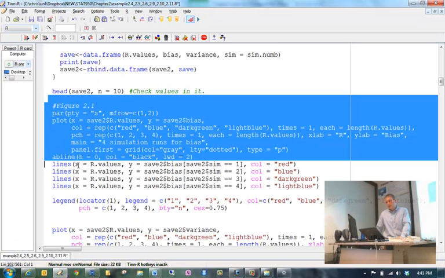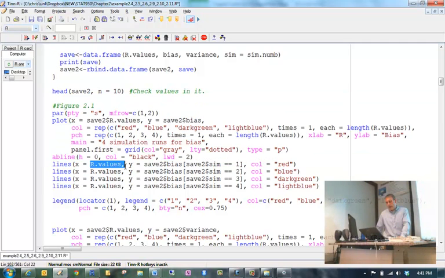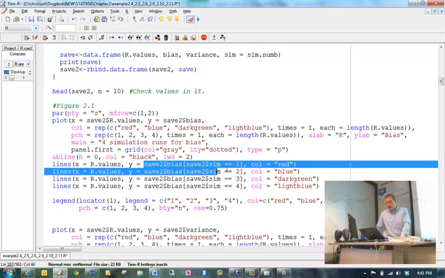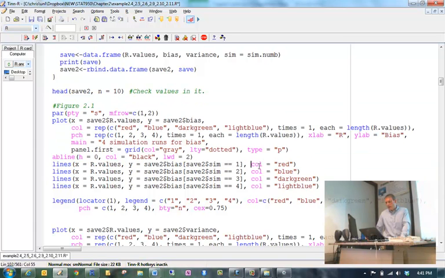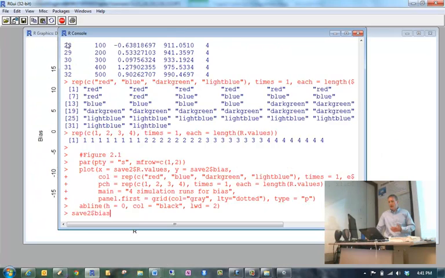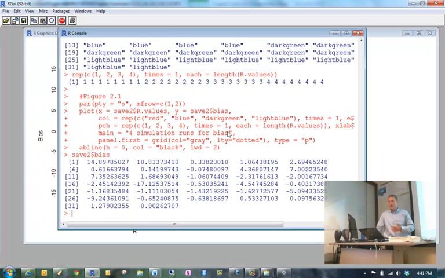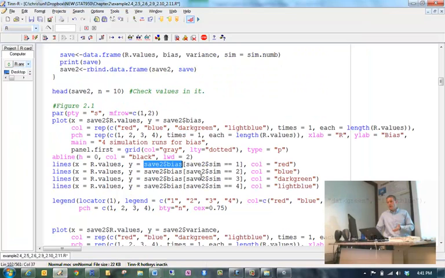Use the lines function. So I specify my x-axis values, my y-axis values, and the corresponding color to print. The first lines function corresponds to simulation number 1. So look how I pull out of save2 and $bias. Those are all my biases. Look how I pull out only those corresponding to simulation 1.